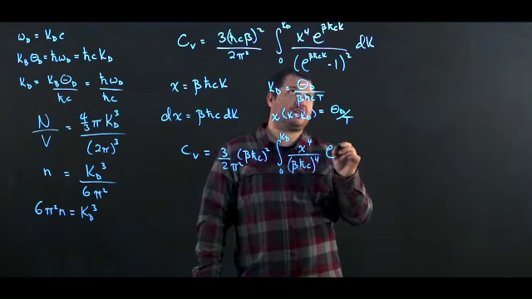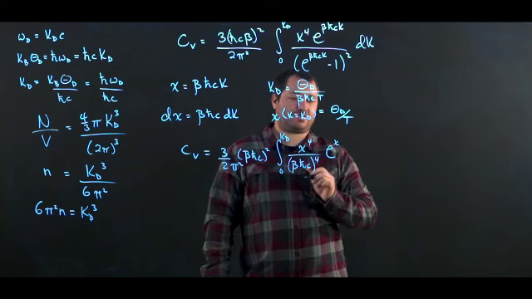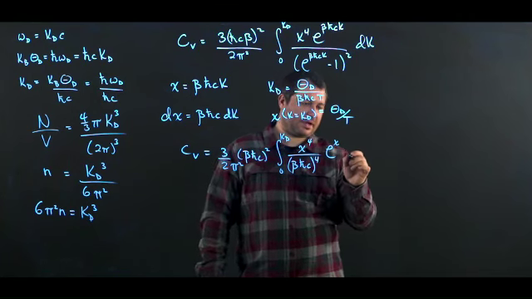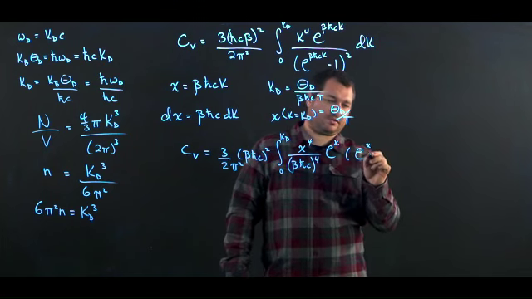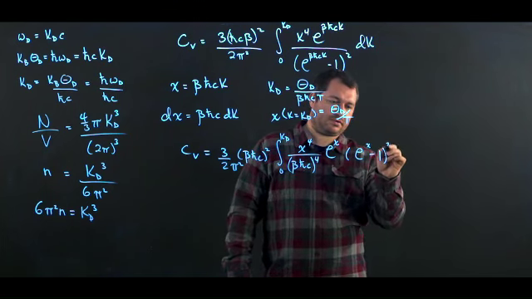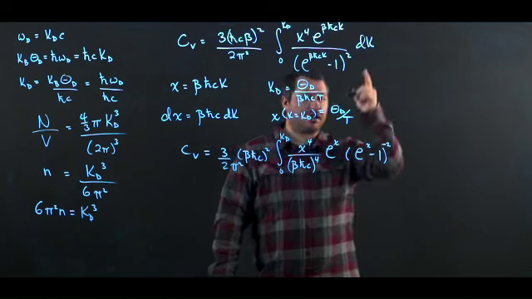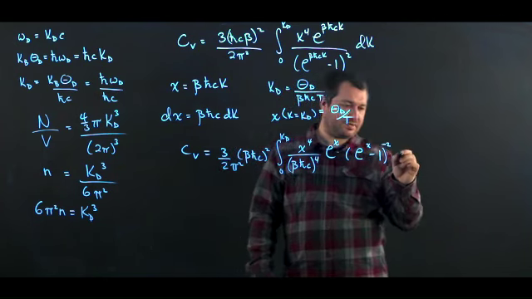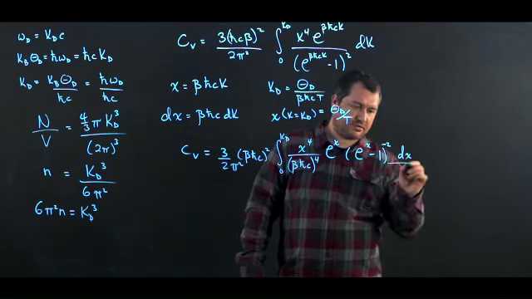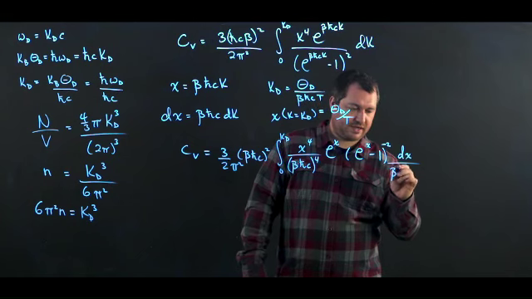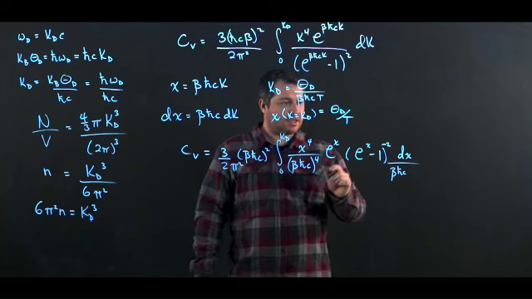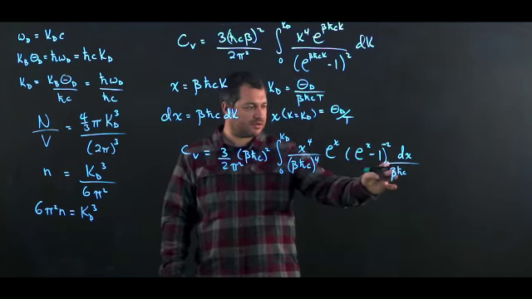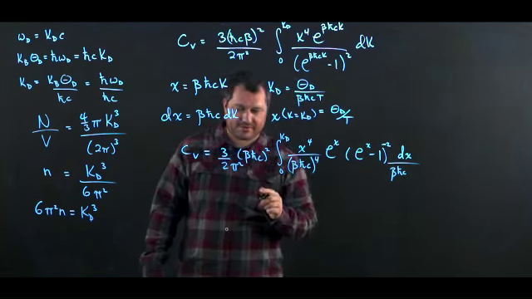I'm going to have e to the x, multiplied by e to the x minus 1 to the minus 2, and my dk term, which is going to be dx over beta h bar c, and that's equal to dk. So this term can get squished in there and become to the 5.